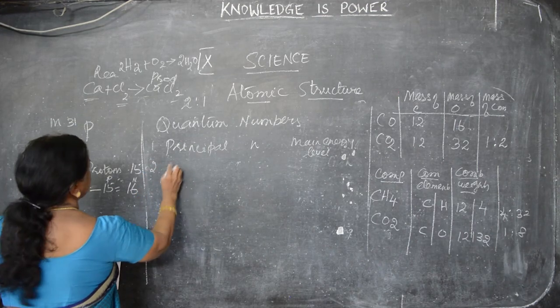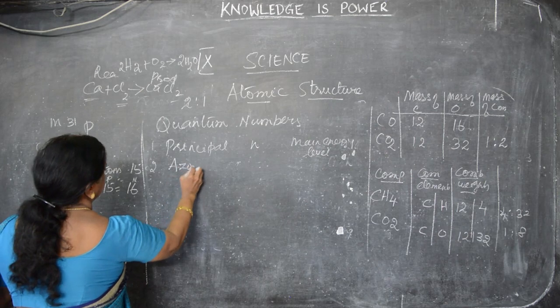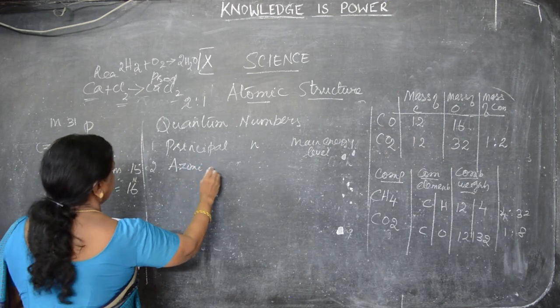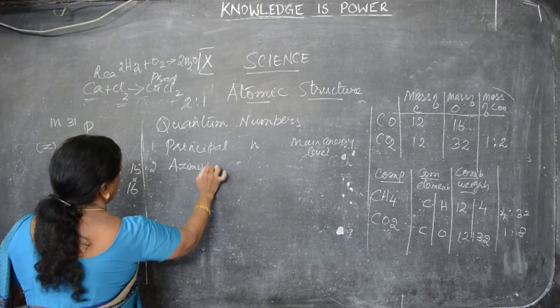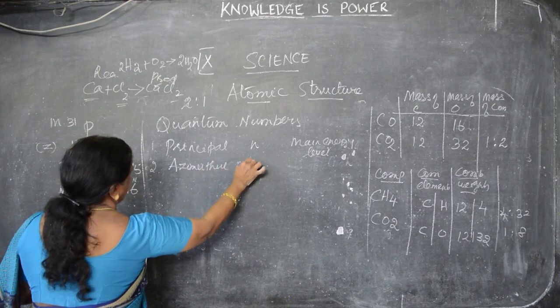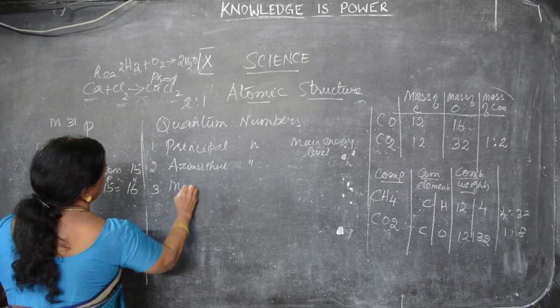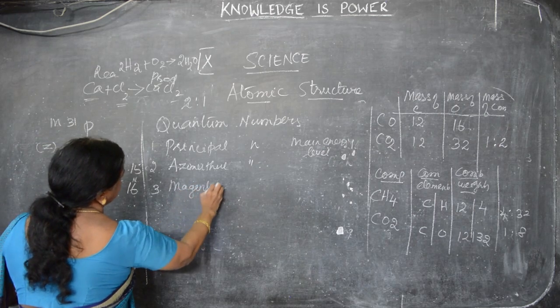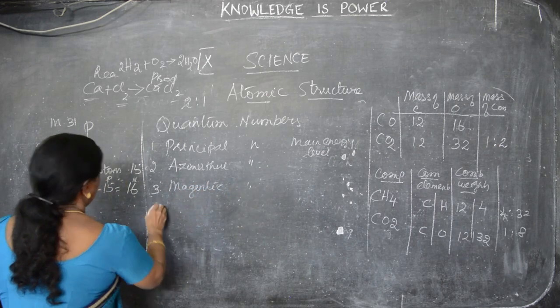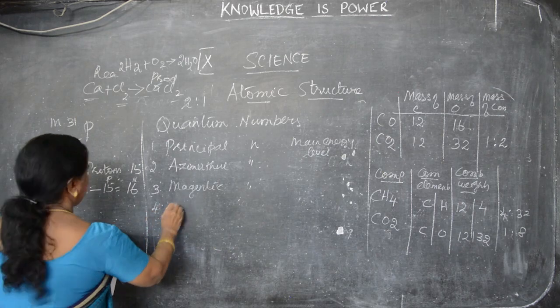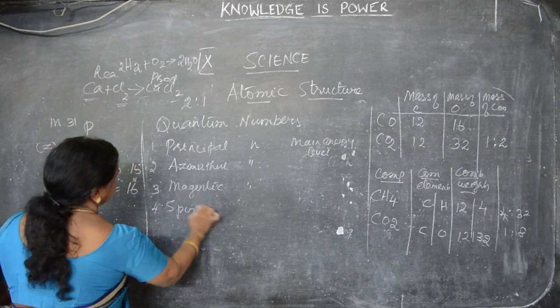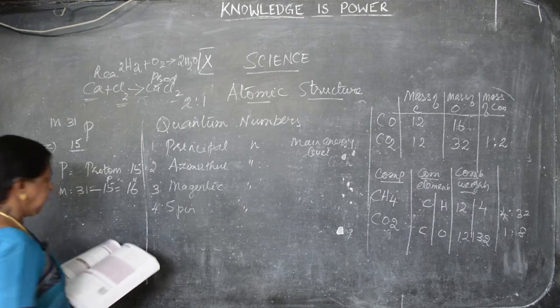Next one, azimuthal quantum number. Third one is magnetic quantum number. Fourth one is spin quantum number. There are 4.